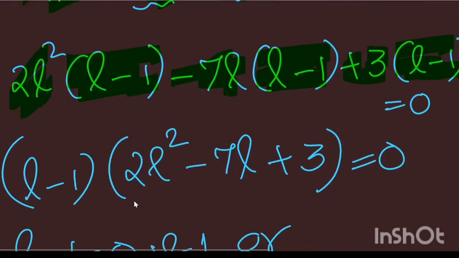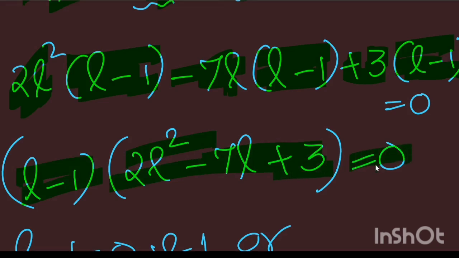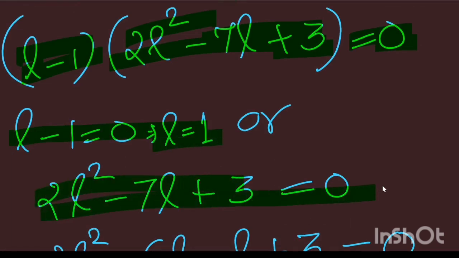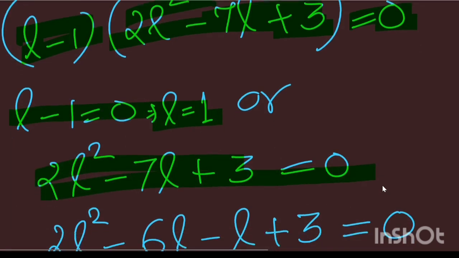So after L minus 1 gets out, we are left with a quadratic which is 2L square minus 7L plus 3 equals to 0. And so we have one root L equals to 1, and the other two roots depend on the roots of this quadratic 2L square minus 7L plus 3 equals to 0.